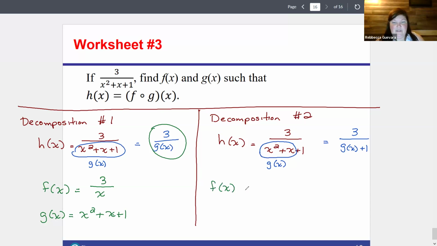So we're going to say that f of x, if I just take g and replace it with an x, is going to be 3 over x plus 1, where we said that g is going to be x squared plus x. So this one's probably the more common one that most people would come up with, but just bear in mind, especially if you plan on taking calculus, that there are other ways to decompose a function.